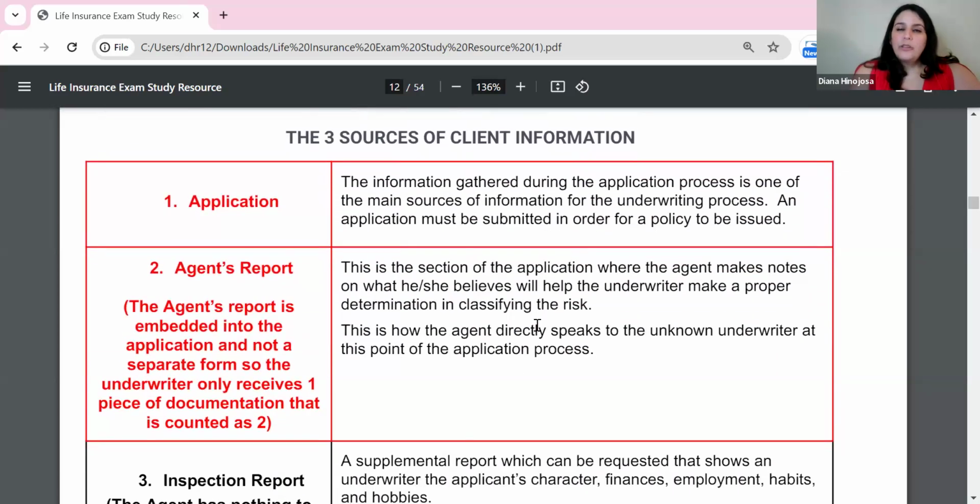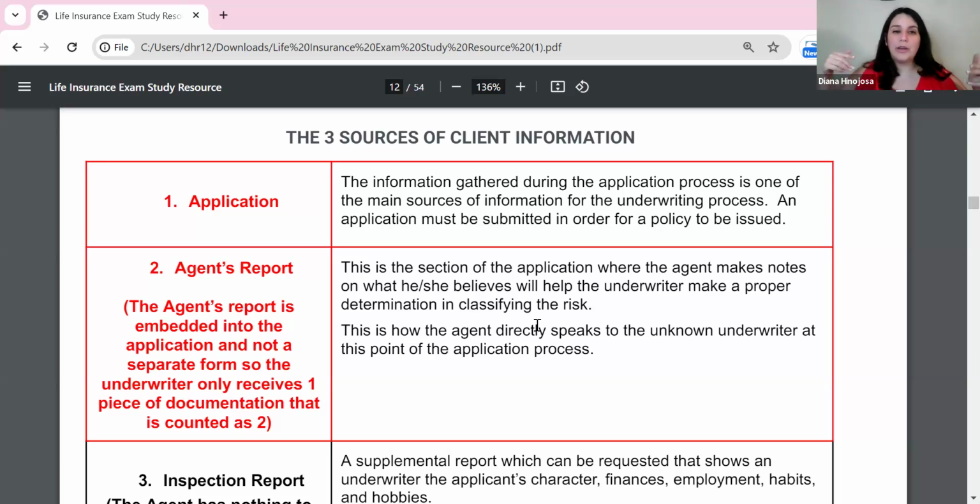So what are the 3 sources of client information? The first one is the application. We fill this out, we send it to our company. The next thing is going to be that agent report. Remember, that agent report is not an official part of the application. So we've got our application and our agent report. They're separate.